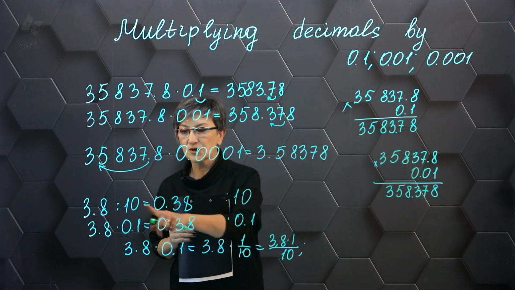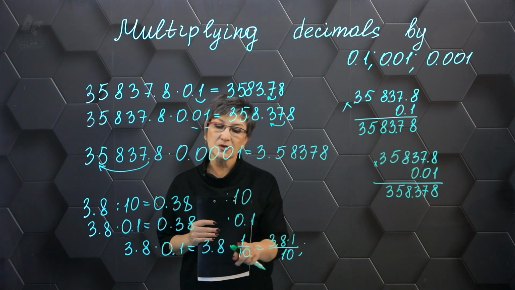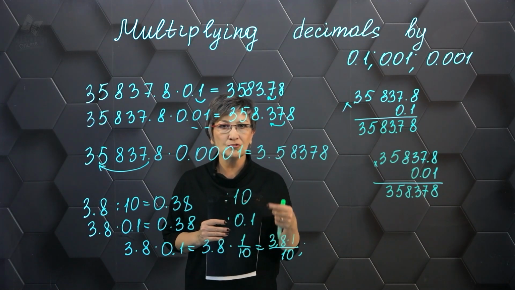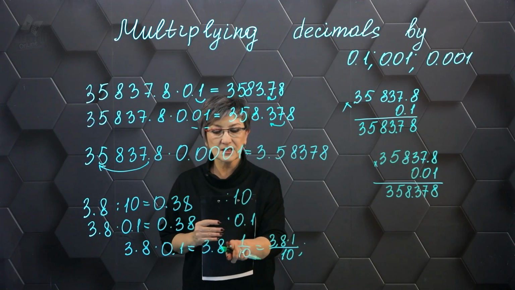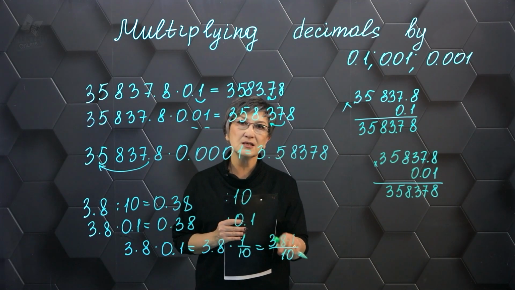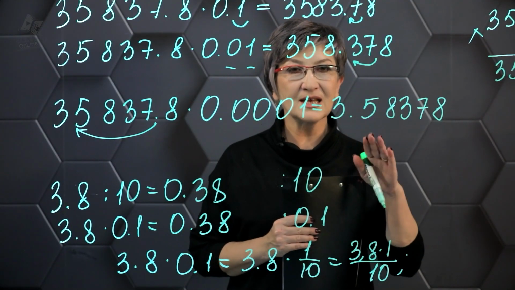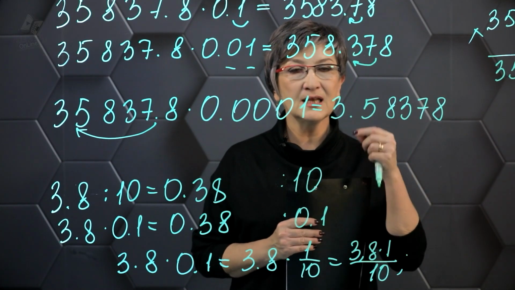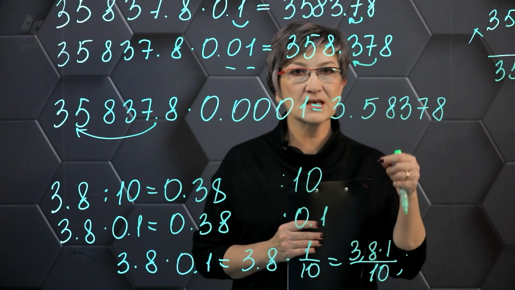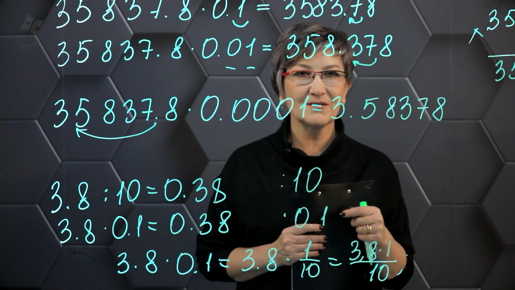You and I have seen that if I divide 3.8 tenths by 10, that's the same as multiplying by 1 tenth. That is why the same rule applies when dividing decimals by 10, 100, 1000, and when multiplying these same decimals by 0.1 tenth, 0.001 thousandth, and so on.